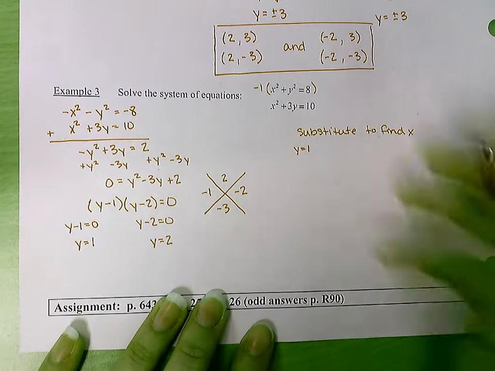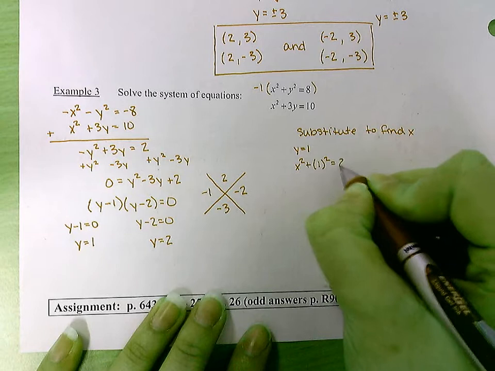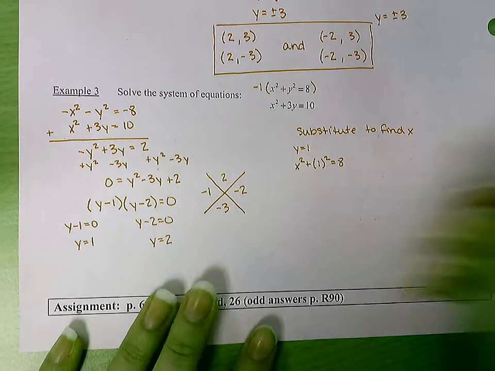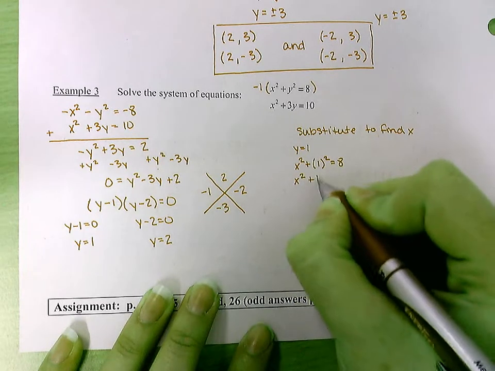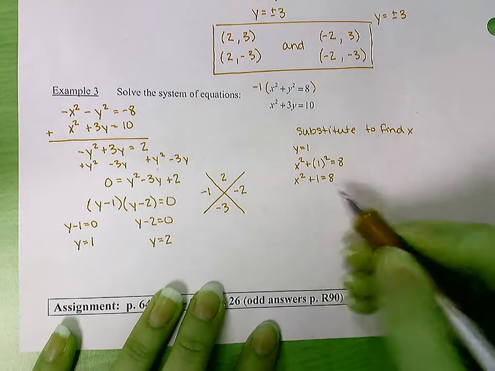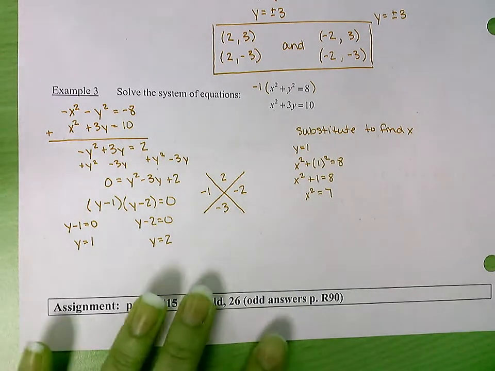I'll just use this top one. So we have x squared plus 1 squared equals 8. I'm just substituting the value I found for y. So we'll have x squared plus 1 equals 8. Subtract 1 from both sides. Get x squared is equal to 7.